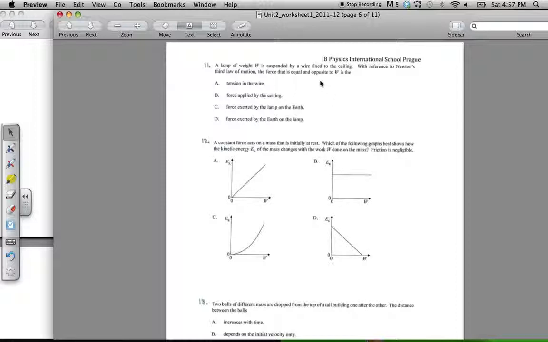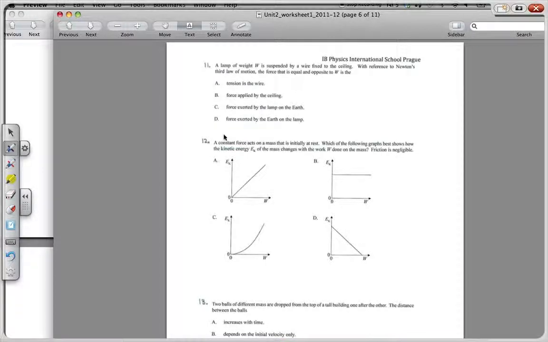Now, this W is the weight. And what is that caused by? Well, that weight is caused by the force of attraction between the earth and the object, this lamp. So the equal and opposite force would be this one, the force exerted by the lamp on the earth.